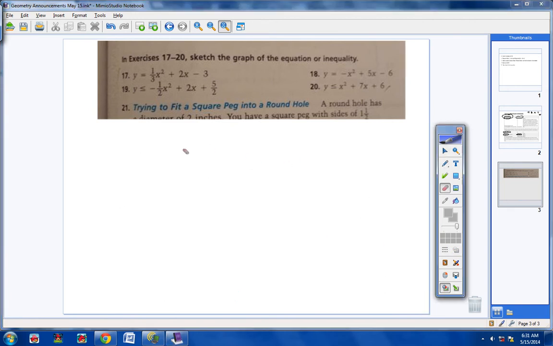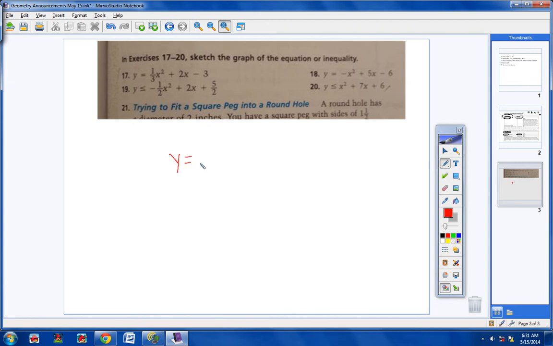So, okay, number 18. Y equals negative x squared plus 5x minus 6. Use negative b over 2a to get the vertex. That would be negative 5 over 2 times negative 1. This is your a. This is your b, which would be negative 5 over a negative 2. So that's a positive 2.5.